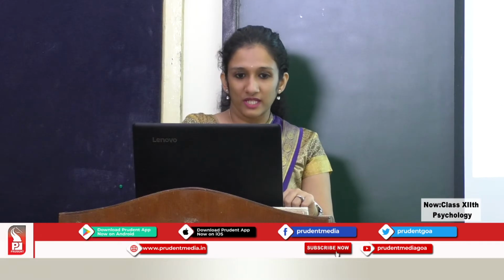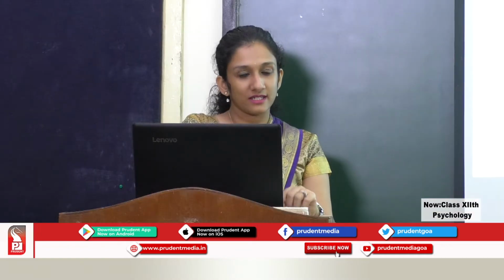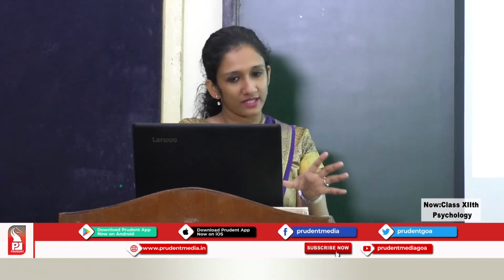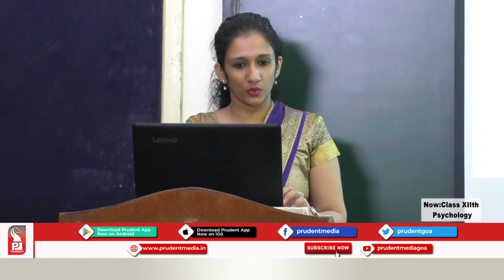That is regarding twins. When they did research on brothers and sisters who were reared together, the result was 0.50, and siblings reared apart, it was 0.25. So you see the differences, it goes on reducing if you see the order.